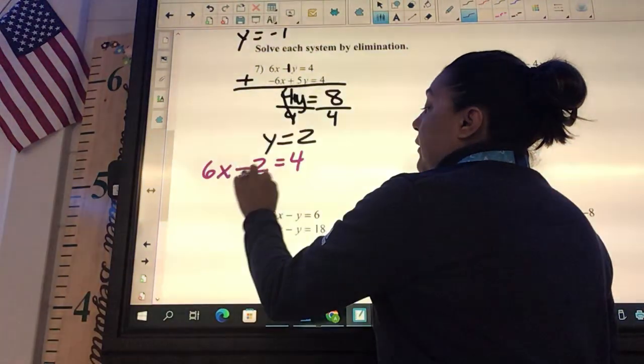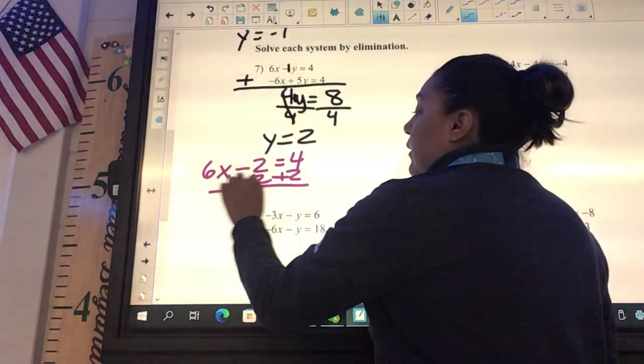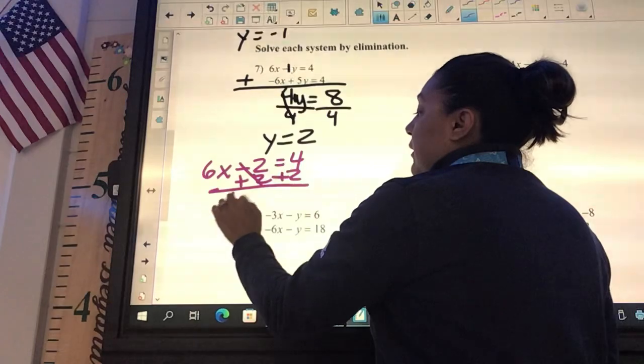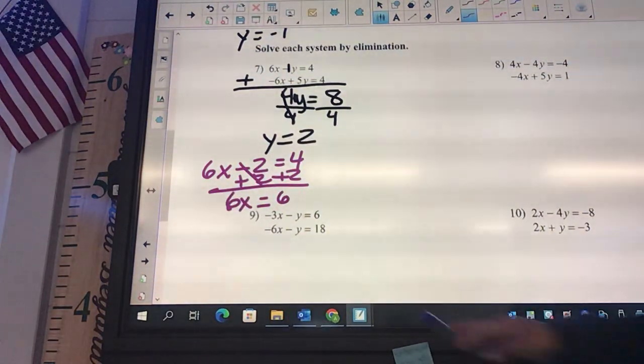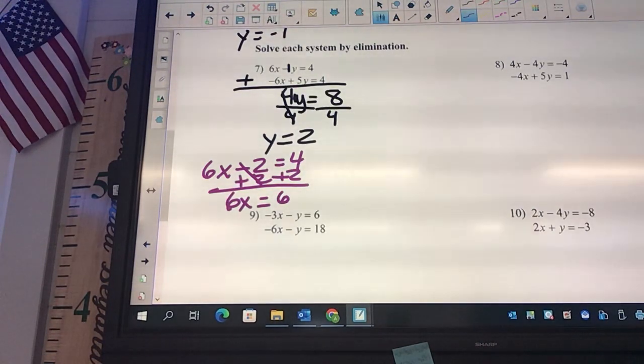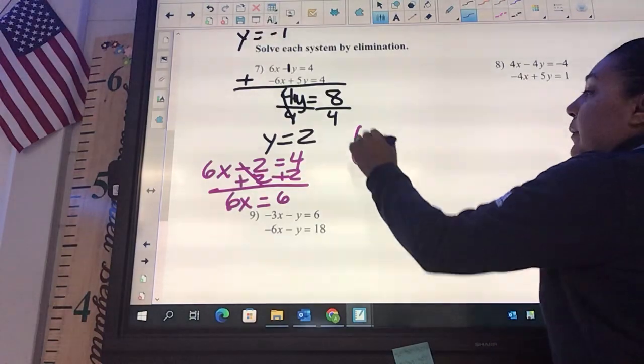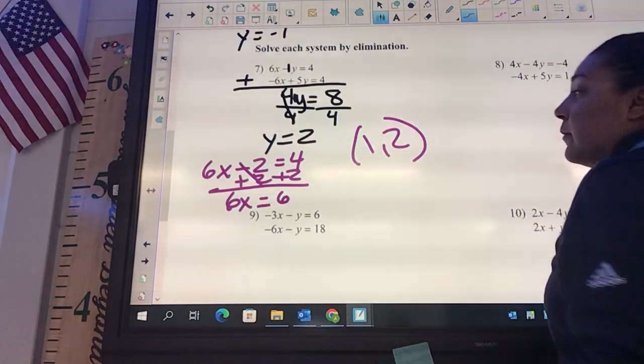Okay, and then you're going to add 2 to both sides. So you get 6x equals 6. And then you're going to divide. So what is your x going to be? 1. Okay, so our coordinate is going to be 1, comma 2.